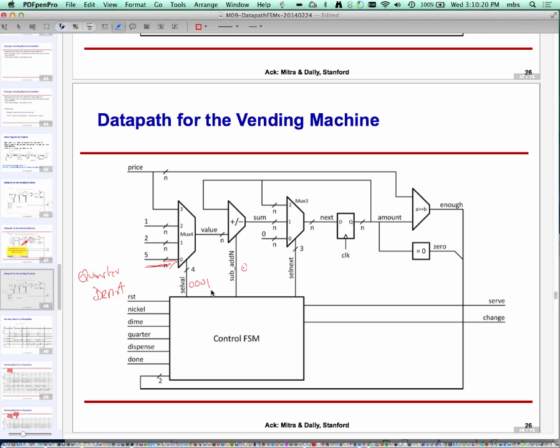So I will say 0, 0, 0, 1. I have to do an addition, so I'm going to put a 0 here. And then finally, I have to take this input, which is input number 1. So it would be 0, 1, 0. And the effect of that would be that the data path would add 5 nickels to the counter. My counter is maintaining not the money, but the number of equivalent nickels.